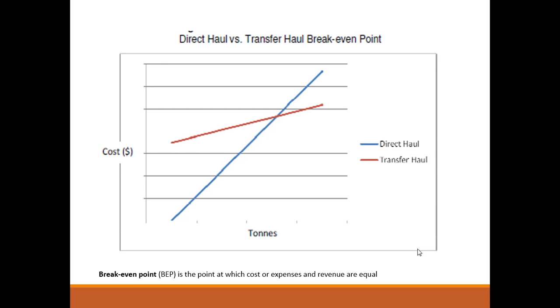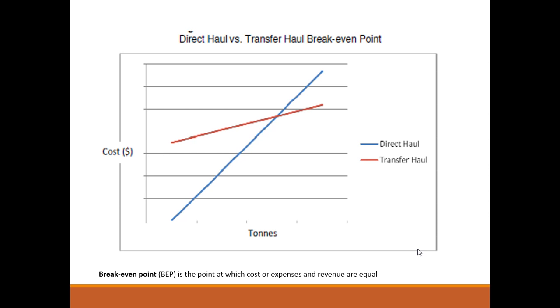Now what we are looking at here is a chart that compares the direct haul system to the transfer haul system, and we are comparing it in terms of cost and weight.